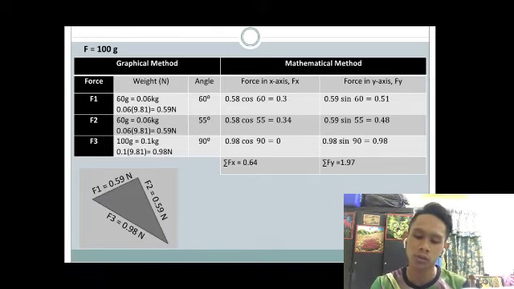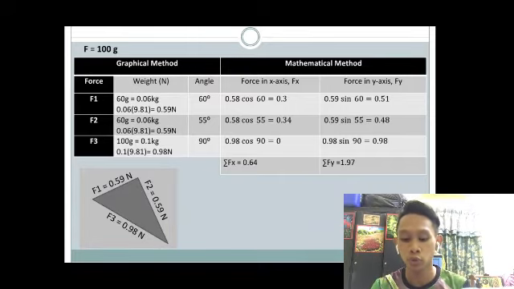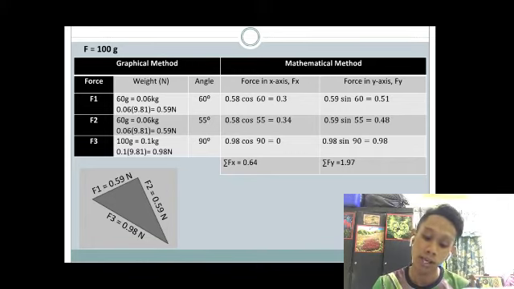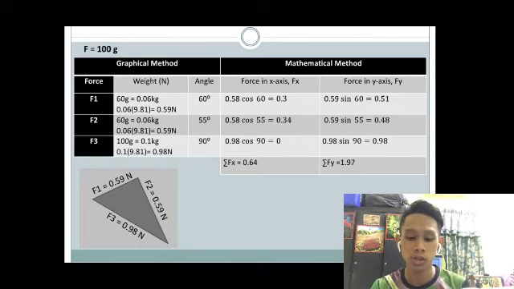For the angle of 60 we got 0.2943 for the x axis, and for the y axis we got 0.5097 Newton. For the second, 0.588 Newton at an angle of 55 degrees, the result is x axis 0.3375 Newton, and y axis 0.4821 Newton.